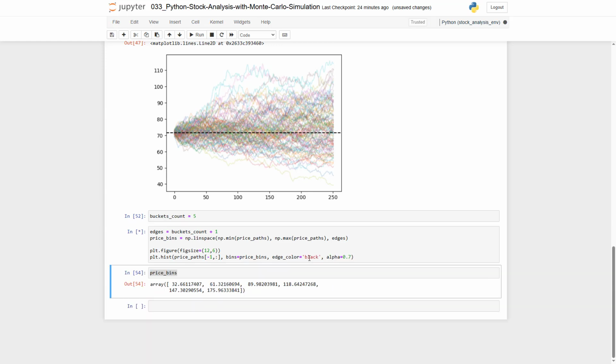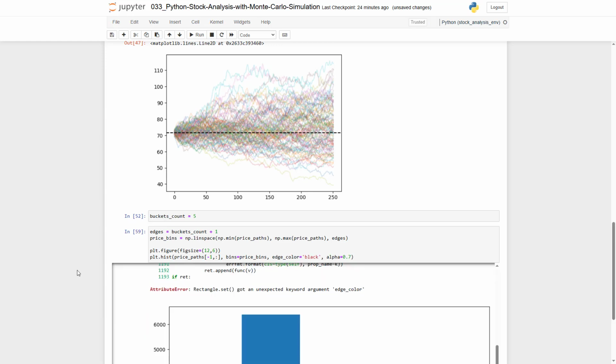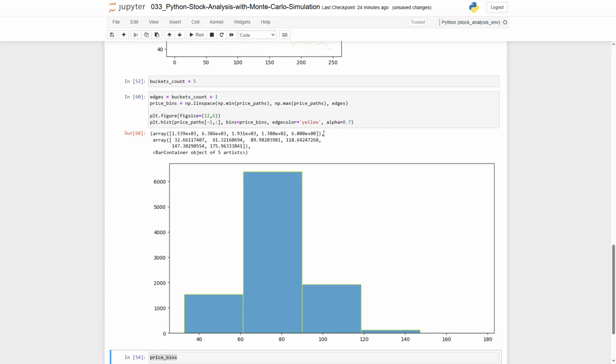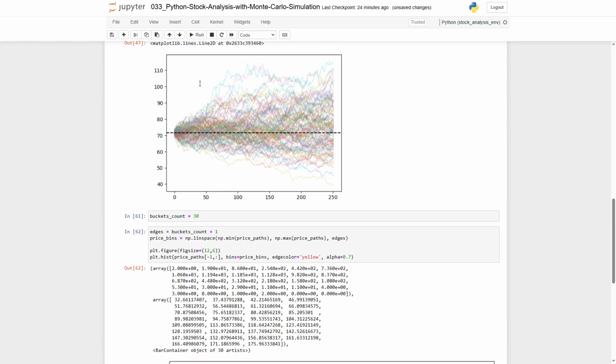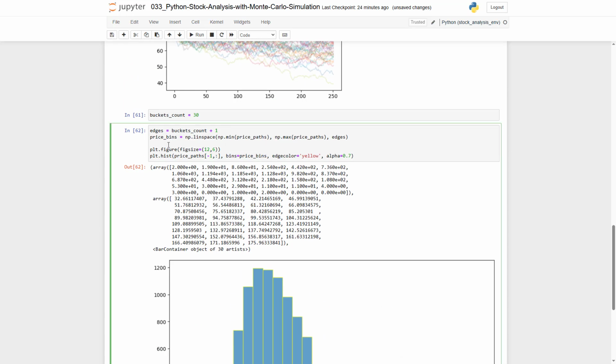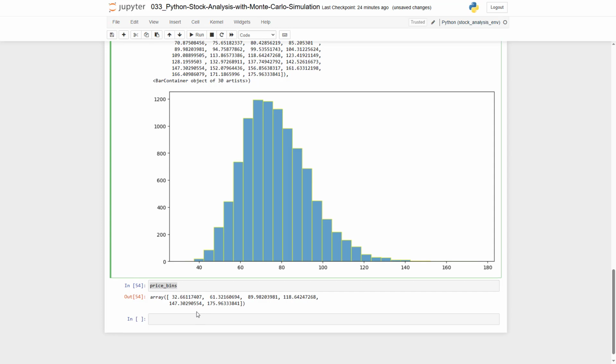Okay, what about black? Oh yeah, I got the point. It should be like this. So yellow, and it looks good. We'll be using something like 30 bins. Yeah, not bad. And this is how our 30 bins look like.